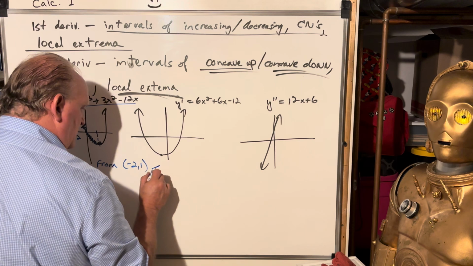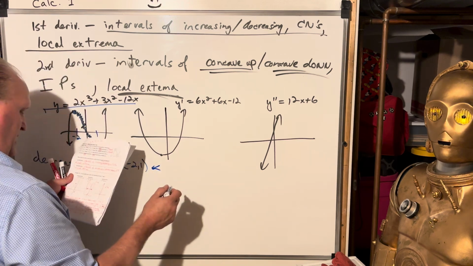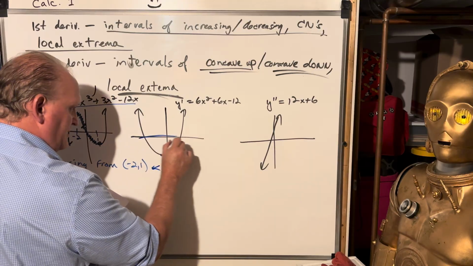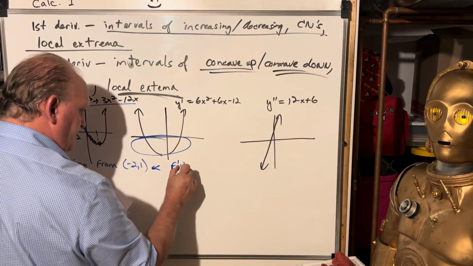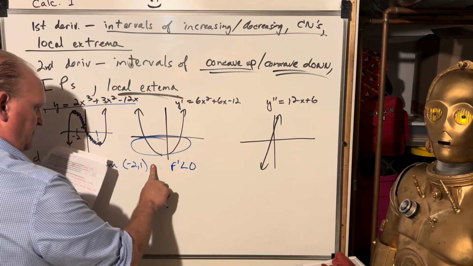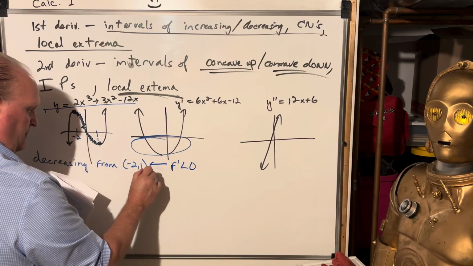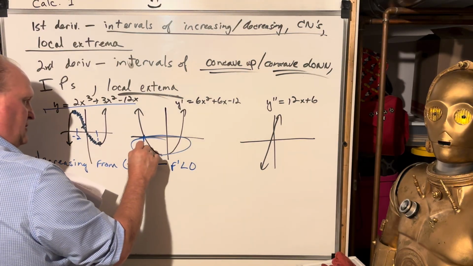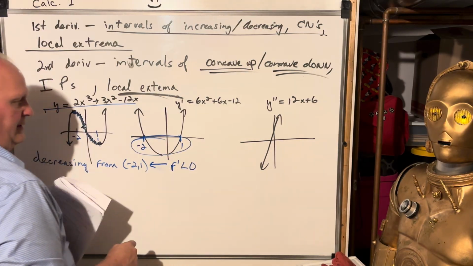If we take a look at where f prime is below the x-axis, it's below the x-axis from -2 to +1.